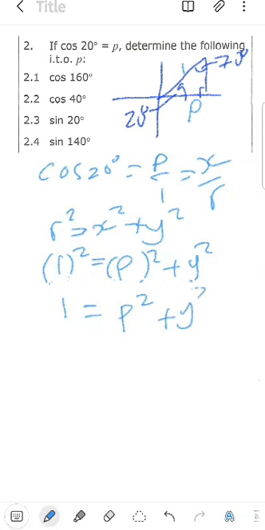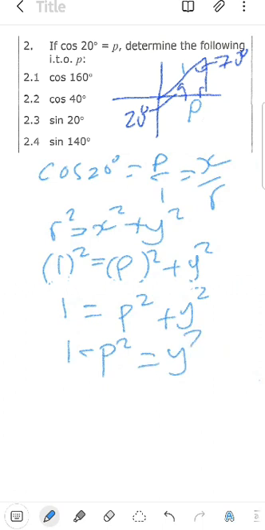Now from there, solving for y, moving P squared to the left hand side, 1 minus P squared equals y squared.